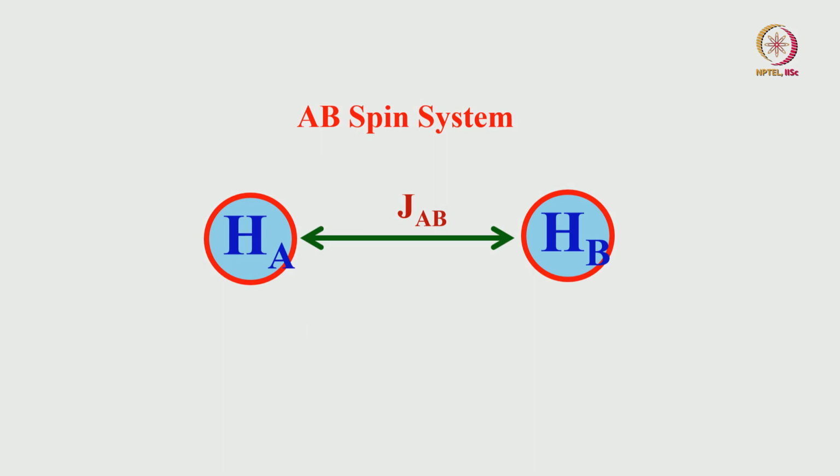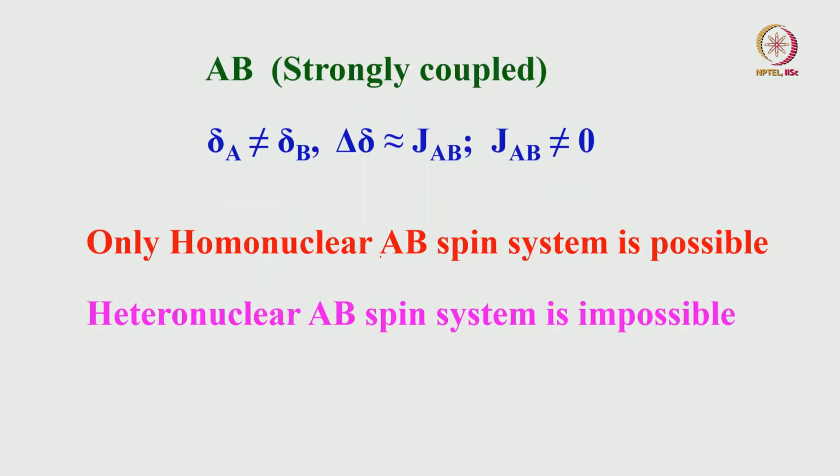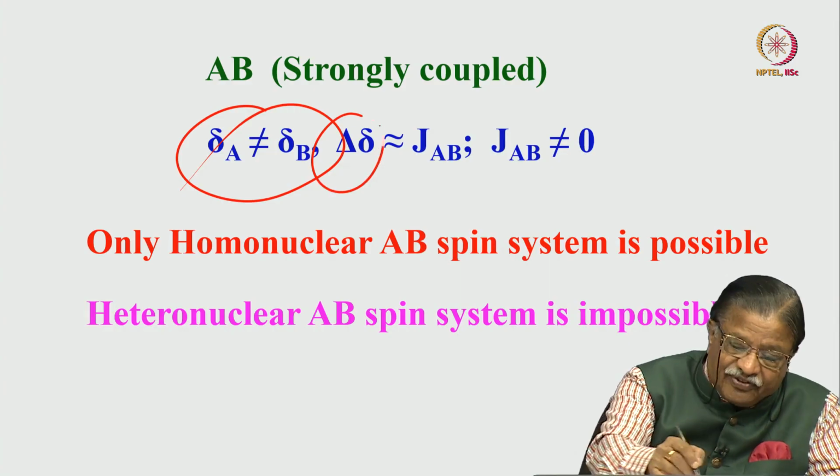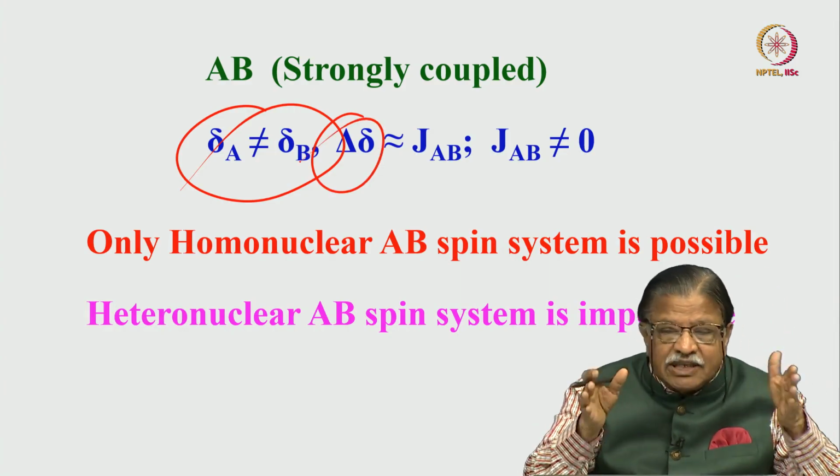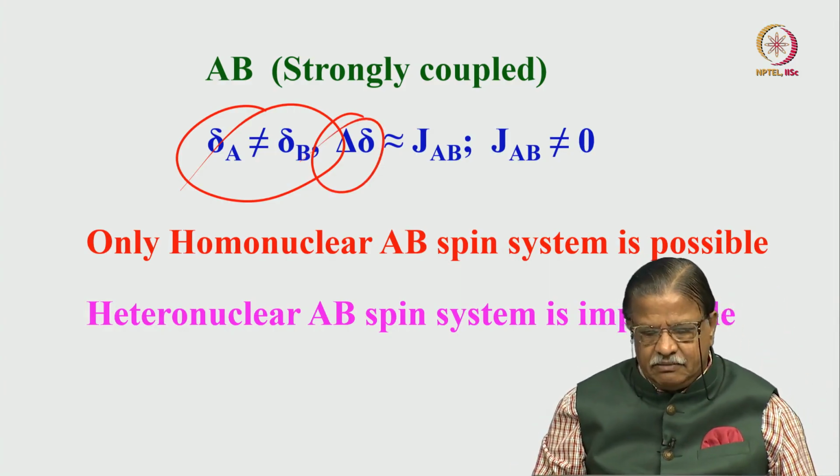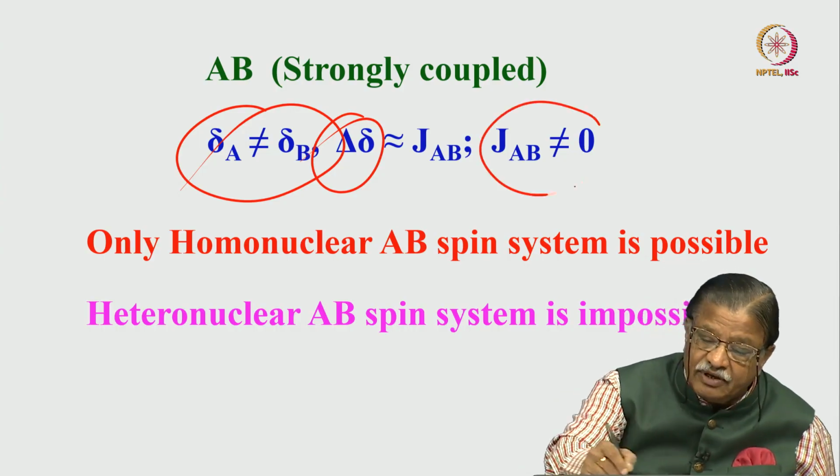If we go further, we have another example of strongly coupled two spins, which is AB. Earlier it was AX, now it is AB. As I said, the two letters are close in the alphabet, meaning they are strongly coupled spins. In the case of strongly coupled spins, the chemical shift of A is not equal to B, that is, they are two different chemical shifts, but the difference in the chemical shift, delta nu, is approximately equal to the J coupling, and the J coupling is non-zero.